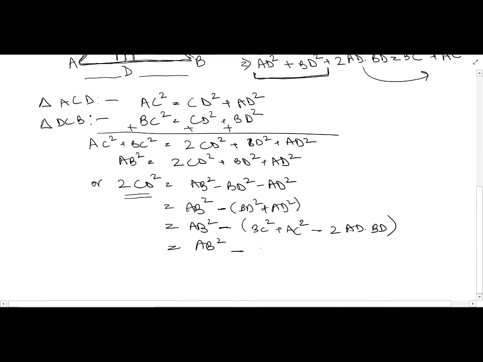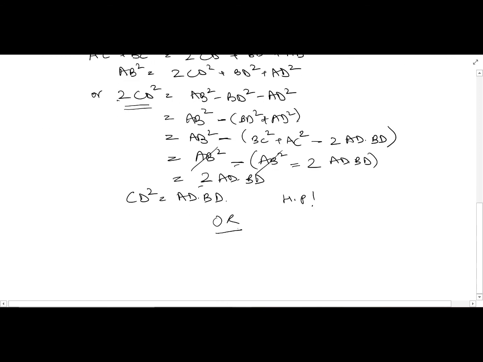So again we replace AB square here, minus 2 AD into BD, and this goes, minus minus becomes plus, so 2 AD into BD. Now this 2 and this 2 goes, so CD square is equal to AD into BD, hence proved.